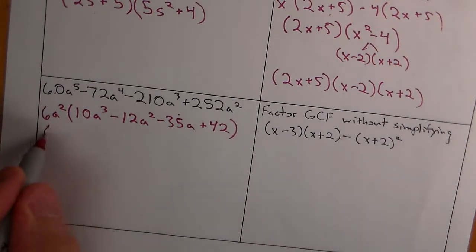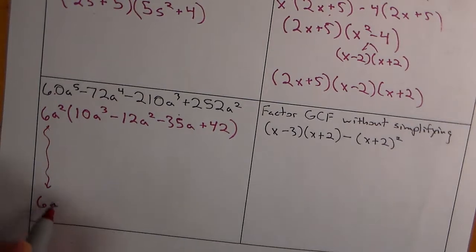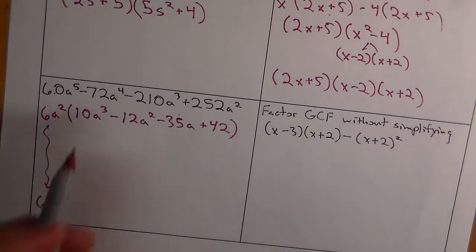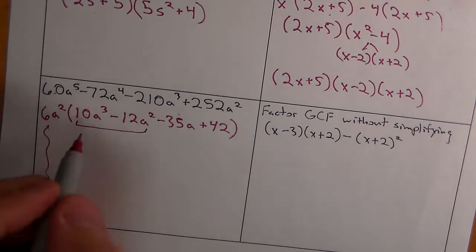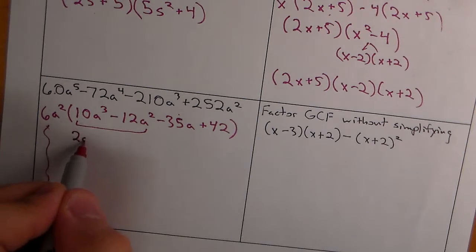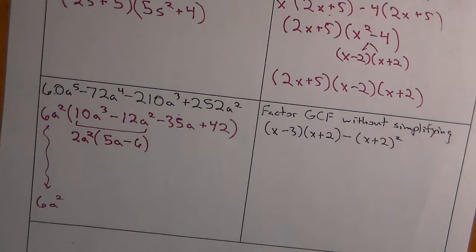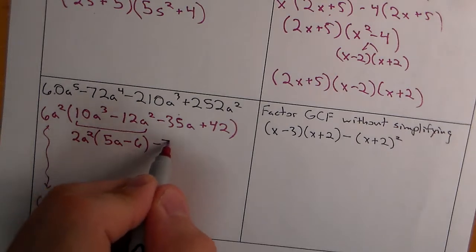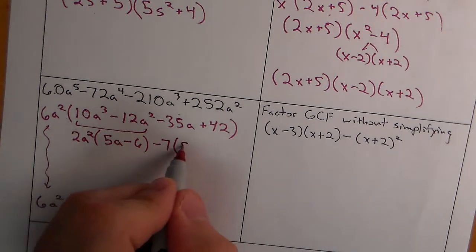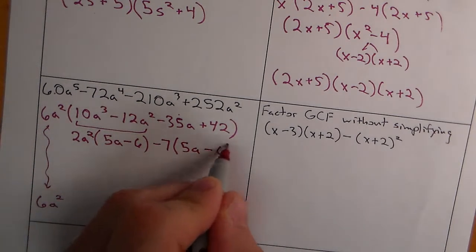And actually, I'm just going to bring that 6a squared, put it down here because I don't want to forget it. So first 2, I'm going to take out a 2a squared, and I'm left with 5a minus 6. The next one, 35 and 42, I'm thinking 7. So I'm going to take out a negative 7, and that leaves me with 5a minus 6.